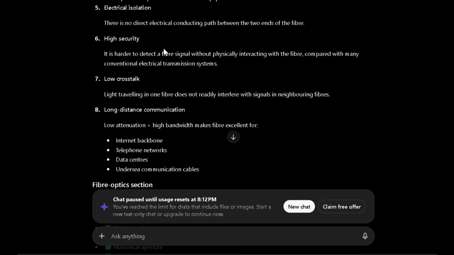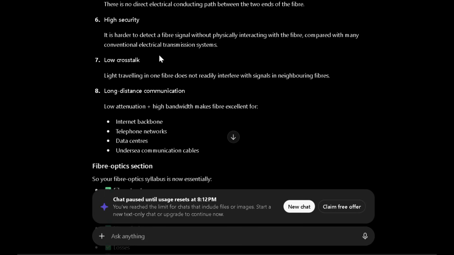Low crosstalk: light traveling in one fiber does not readily interfere with signals in neighboring fibers.